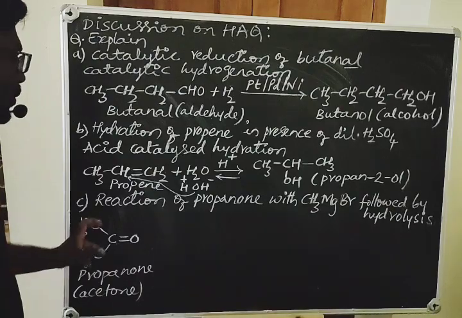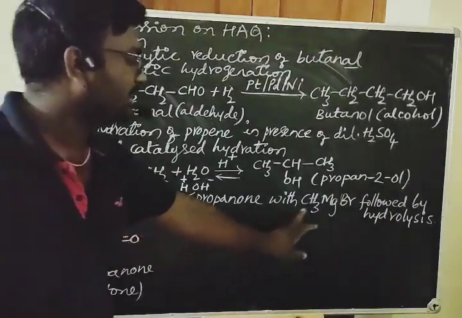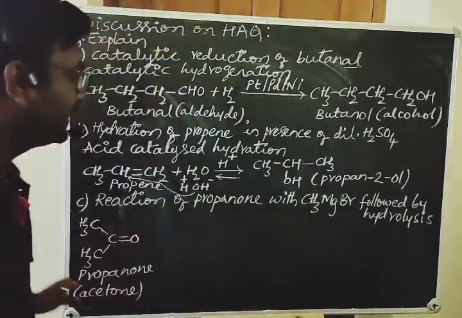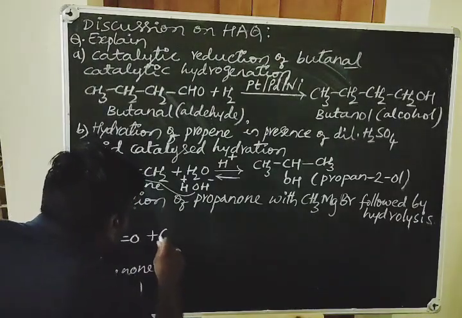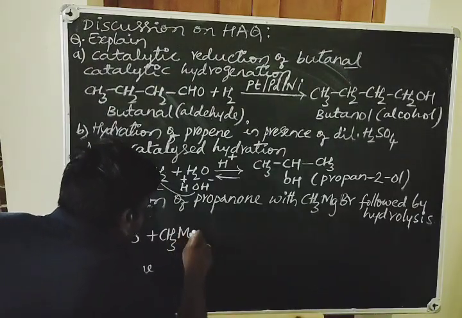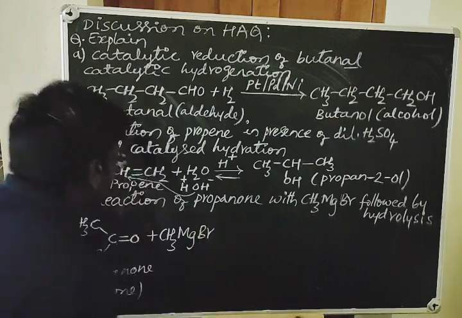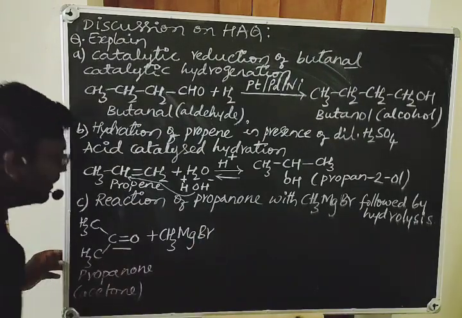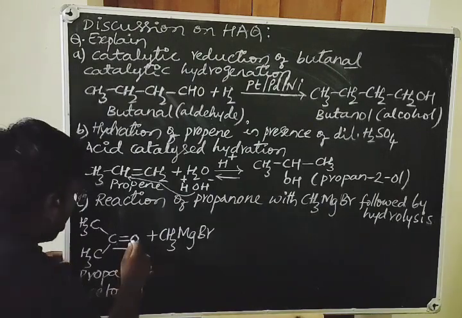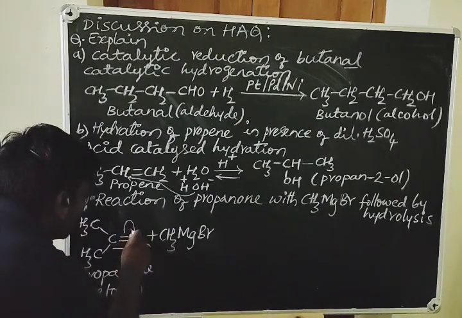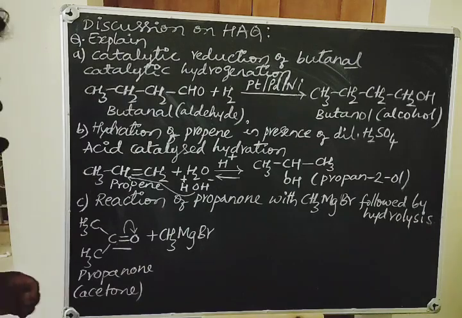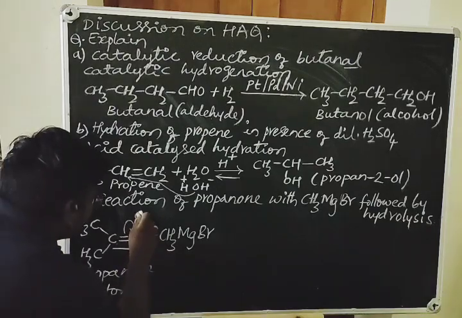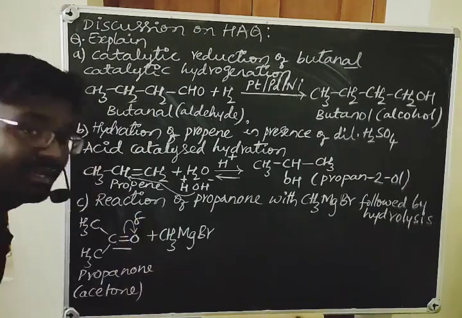Now when this propanone is treated with the methyl magnesium bromide, we have to consider the carbonyl part. Here oxygen is the most electronegative element, pulls electrons towards itself and becomes slightly rich in electron density.